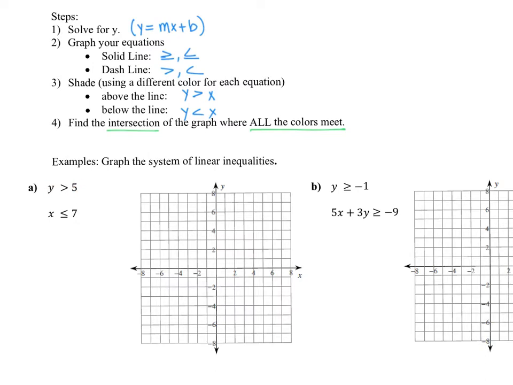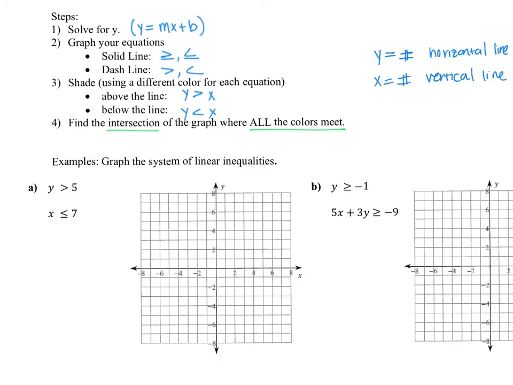Whenever you have an equation that's just y and a number, that is when you have a horizontal equation. So anytime it's just y and a number, this is a horizontal line. Whereas when it's just x equals some number and nothing else, this is a vertical line.